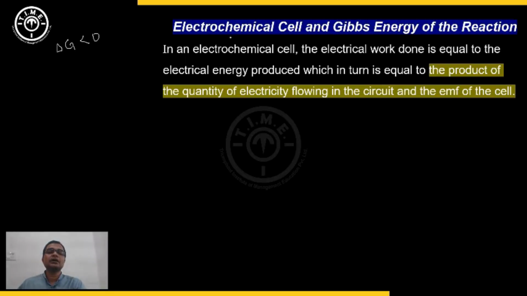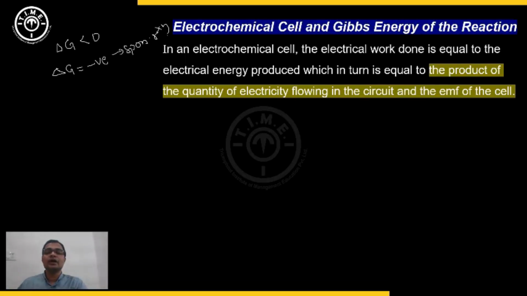Whatever the cell reaction taking place produces electricity, so certain work has been done. That is called electrical work energy. That electrical work energy is mentioned in free energy change. If it is always negative, then it is a spontaneous reaction.